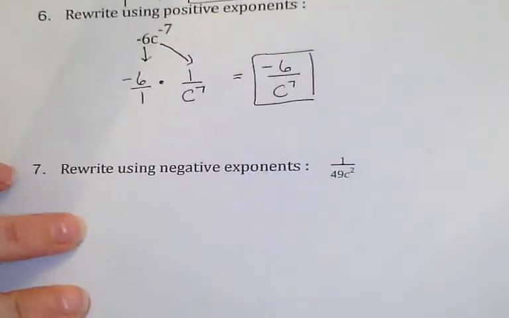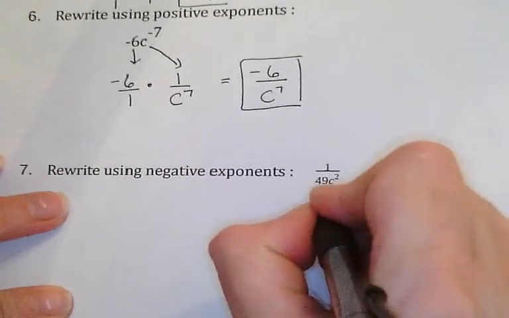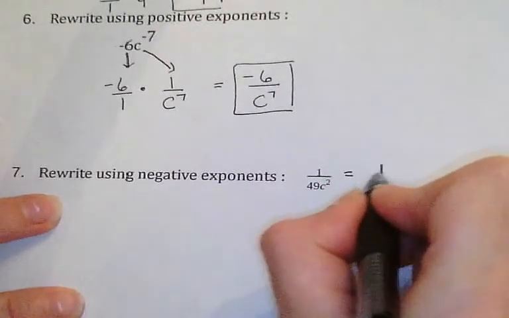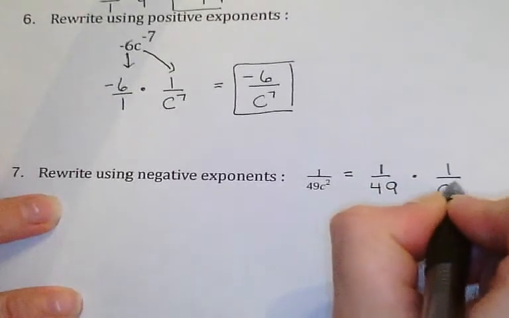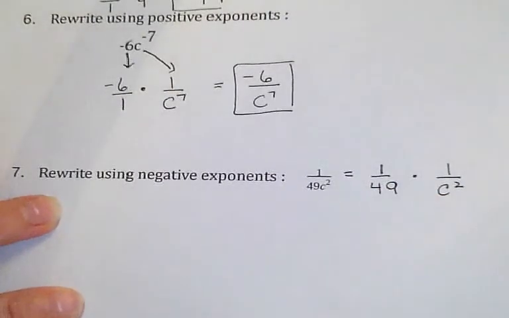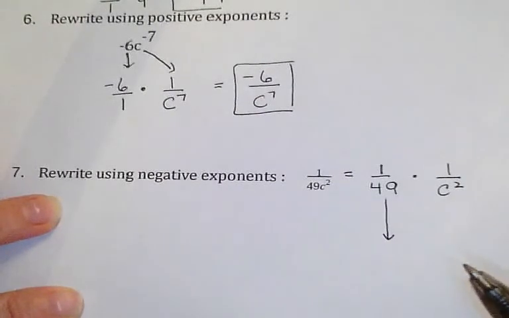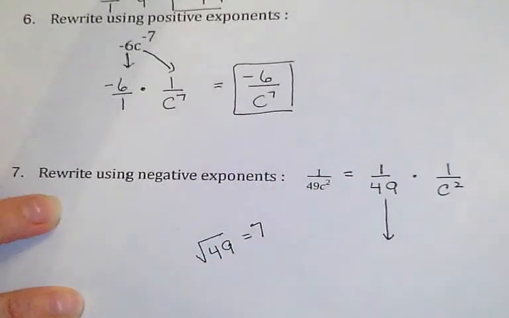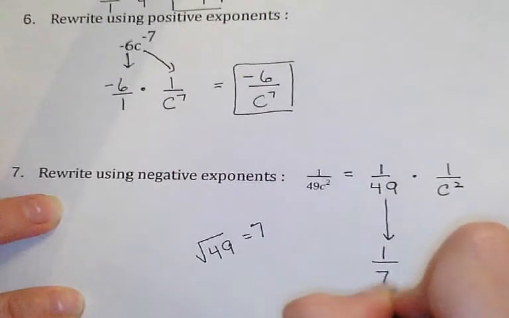Okay, and then the very last one, rewrite this using negative exponents. So I know that this is the same thing as 1 over 49 times 1 over c squared. I also know that 7 times 7 is 49. The square root of 49 is 7. So I'm going to replace this 49 with 7 to the 2nd power.